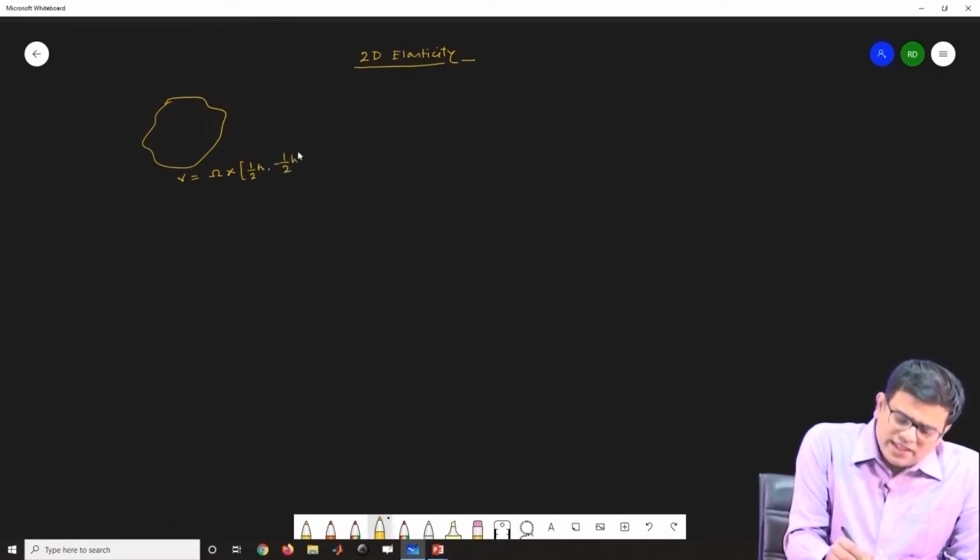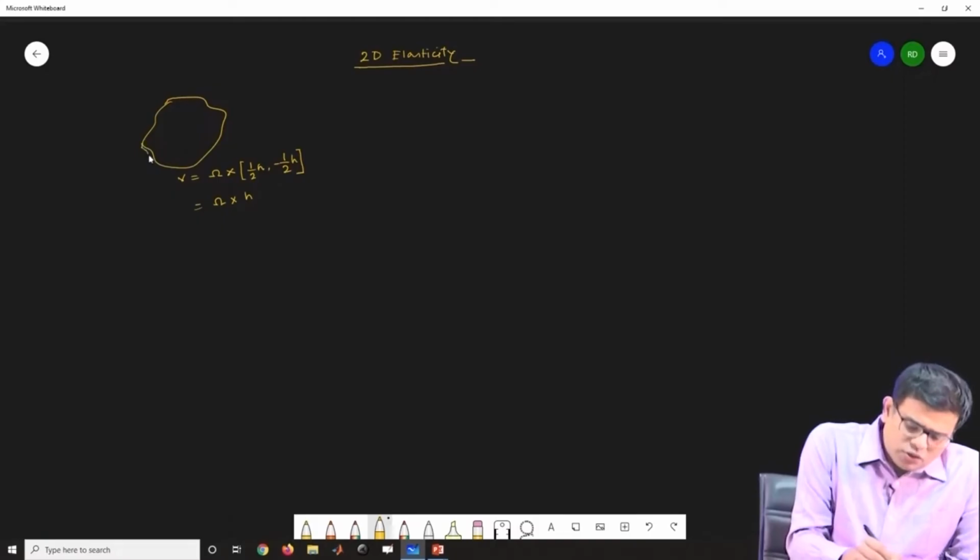Okay, that is the thickness h. So this is equivalent to omega into h. That is, there is a thickness in the body. So you can consider the thickness like this.